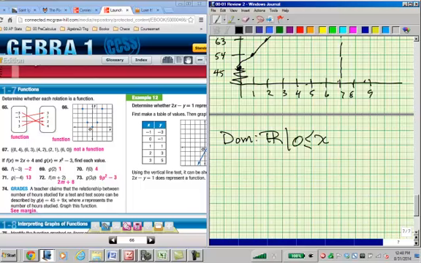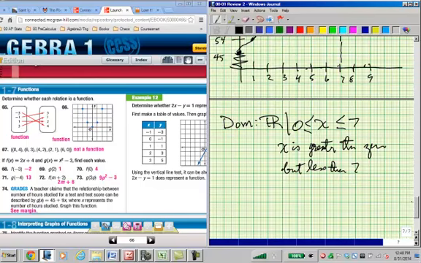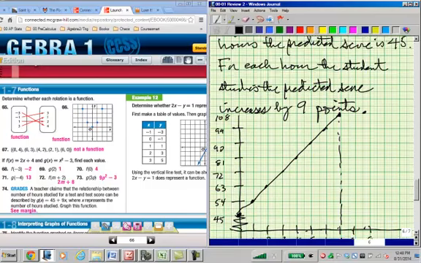We'll be talking about this later on. But if I asked you to name the domain, you'd say something like x is greater than 0 but less than 7. This would be an extra credit question: you tell me the domain and range on a word problem like this.